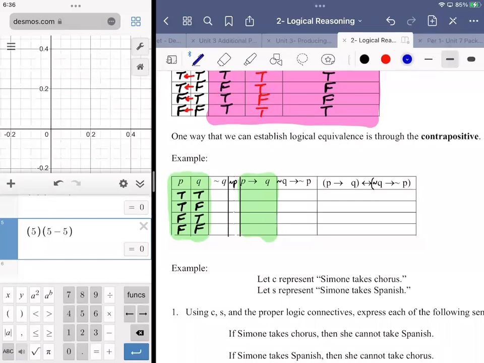Otherwise, it's true. So true, false, true, true. Then I'm going to need the not Q values and not P values because I have to come up with this column, which is not Q implies not P. So I would need those components.